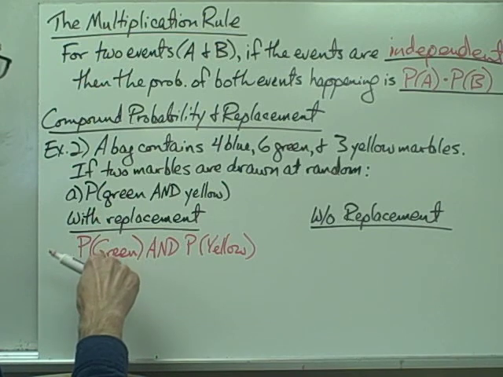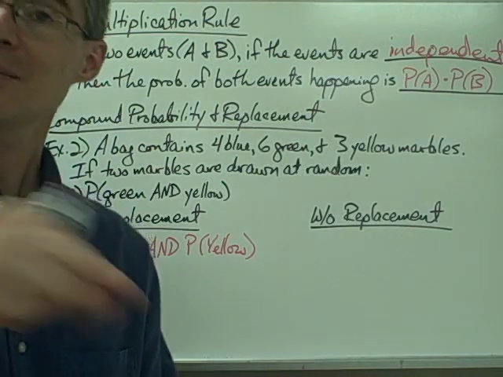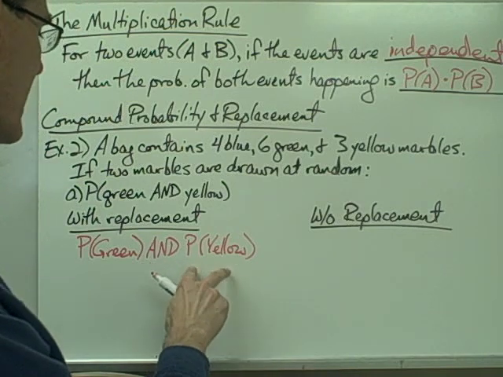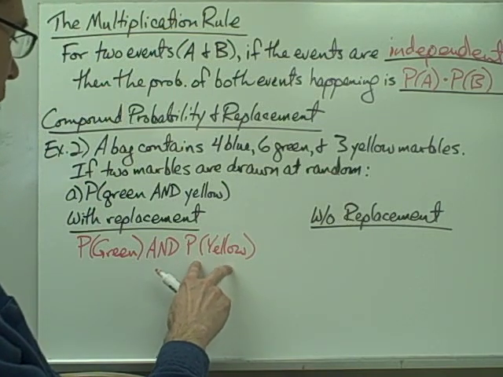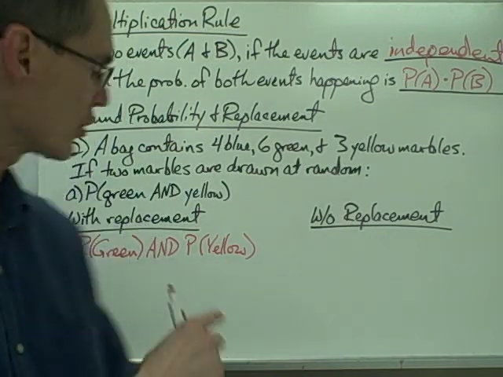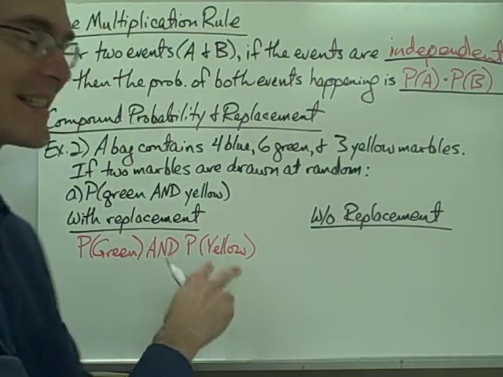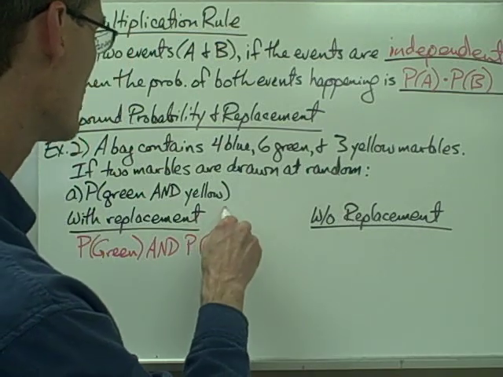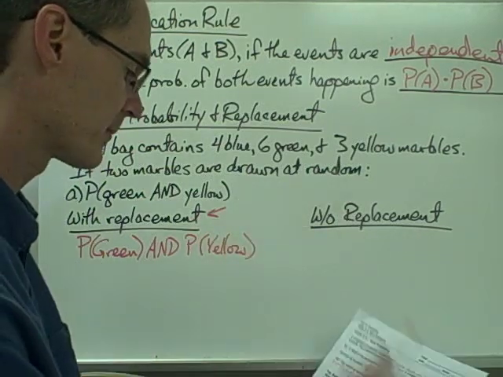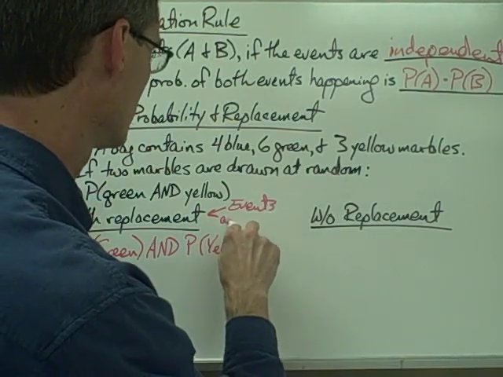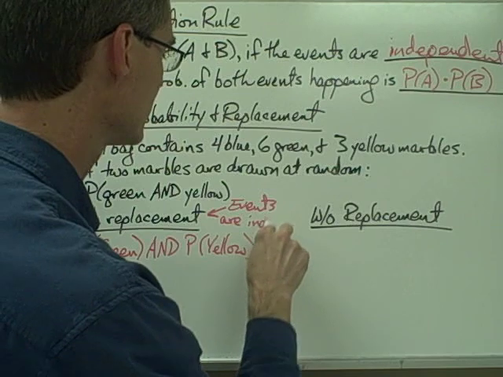And if I'm drawing the first marble and then putting it back, replacing it, and then drawing my second marble, well, notice that the probability of drawing the first marble is not going to have any effect on the drawing of my second marble. In other words, when I'm talking about with replacement, my events are independent.